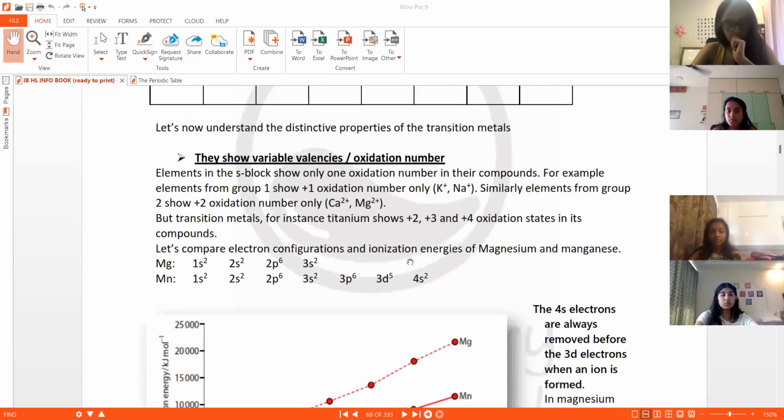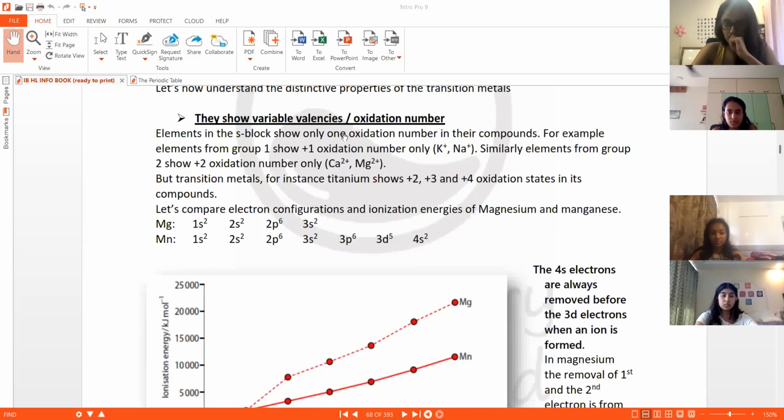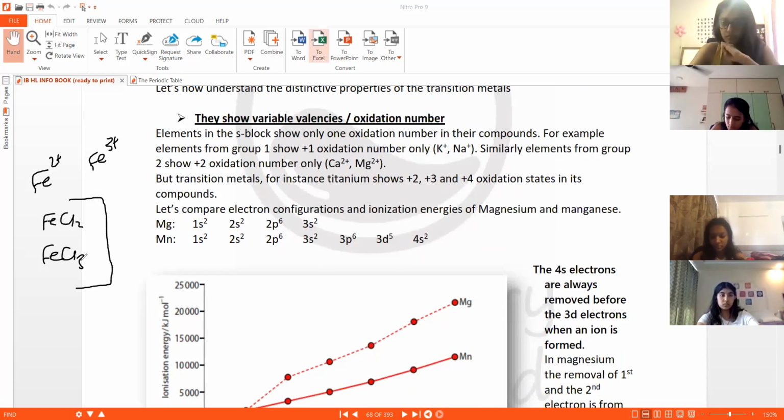Okay, so next is why these metals show variable valency. Examples are iron. Iron can be Fe2+, iron can be Fe3+. So if I have an iron chloride, the formula could be FeCl2 or FeCl3. Both the compounds exist. Similarly vanadium has so many oxidation states.